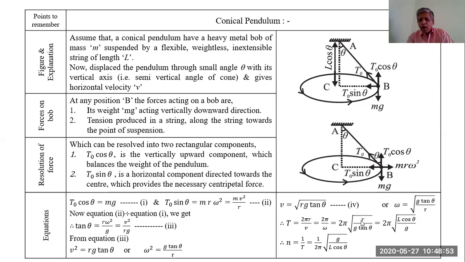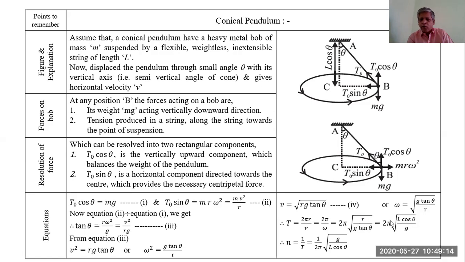Substitute the value of r as L sine theta: L sine theta upon g tan theta. Tan theta means sine theta upon cos theta. Cos theta goes to the numerator. Sine theta can be cancelled. Therefore, twice pi into square root of L cos theta upon g.